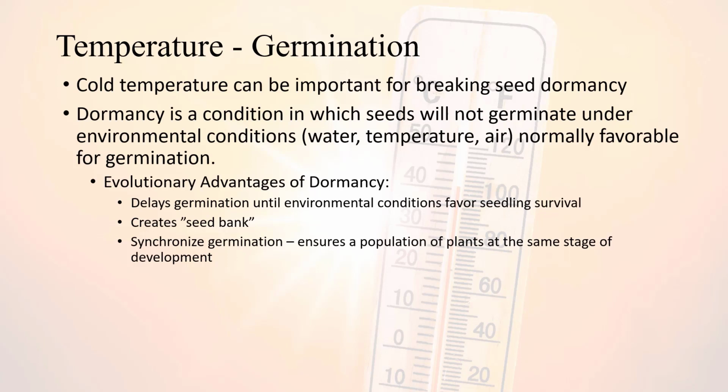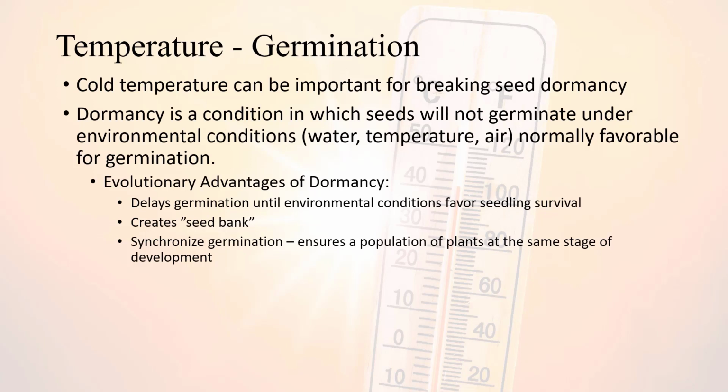Now, temperature is also important when we are talking about seed dormancy, in particular cold temperature. We've talked about dormancy before. It's that condition in which your seeds will not germinate under environmental conditions that are normally favorable for germination. When we talked about germination, we said that we need water, the right temperature, and oxygen. If we have those things, our seed will germinate.